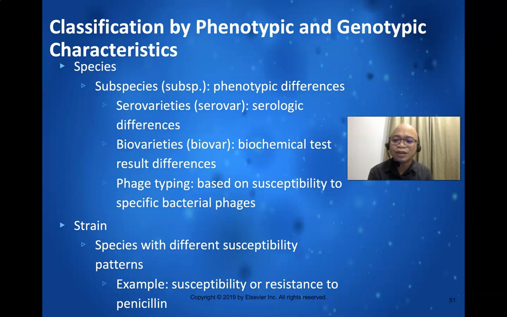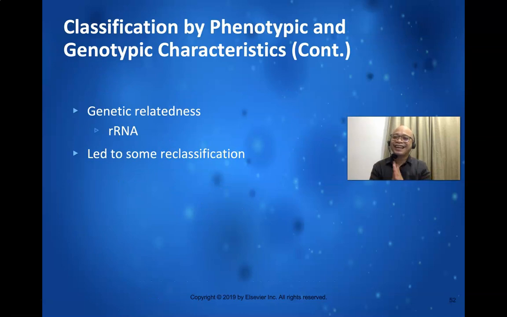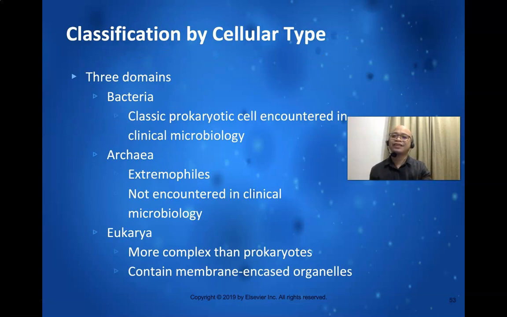Then there are also strains. Strains are of the same species with different susceptibility patterns, because some strains may be susceptible to penicillin, for example, or resistant to penicillin. Then there is also genetic relatedness based on rRNA that led to some reclassification.